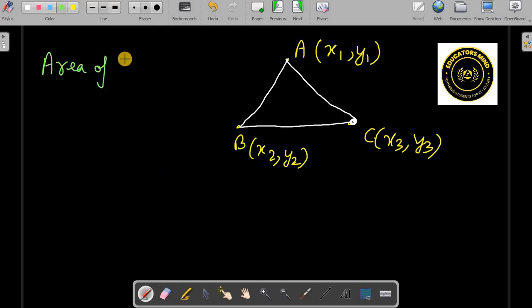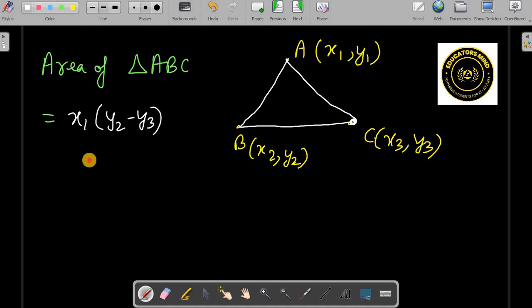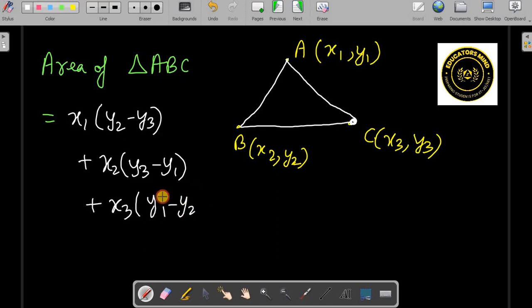The area of triangle ABC can be calculated as: keep x1 and take y2 minus y3, plus keep x2 and take y3 minus y1, plus keep x3 and take y1 minus y2.